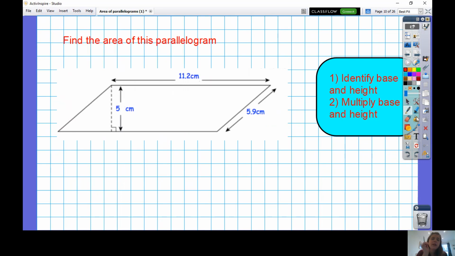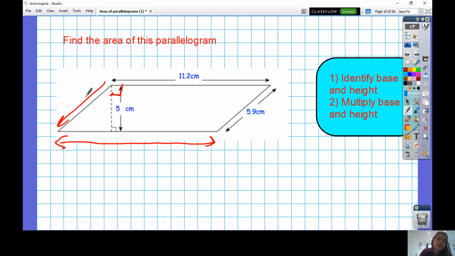Okay, let's have a look at this one a little bit more carefully then. I can see the base and the perpendicular height are not quite exactly easy for me to spot. I'm looking for a right angle. Is this here a right angle? No. Actually, this measurement here is my right angle. So you need to now remember a second fact about parallelograms, and that's that the base and the height are the same length.